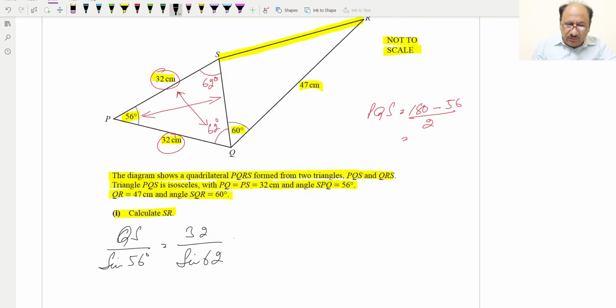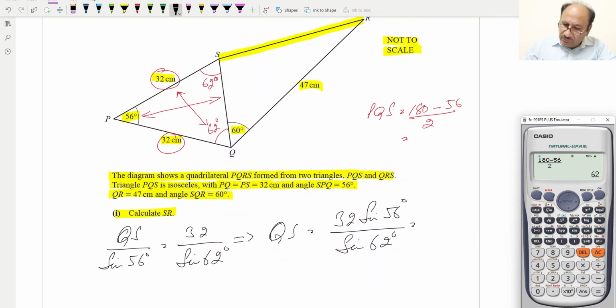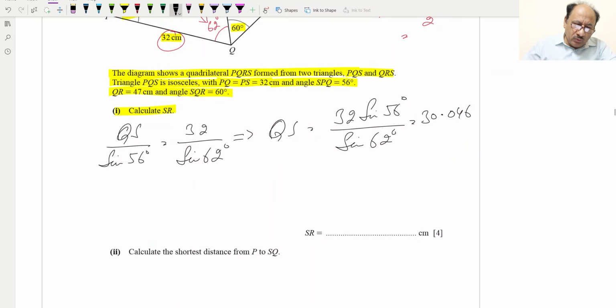So this implies QS is equal to 32 sine of 56 degrees divided by sine of 62 degrees. Your calculator should be in degree mode, so 30.046. I'm taking 3 digits so that we'll get a more accurate answer.